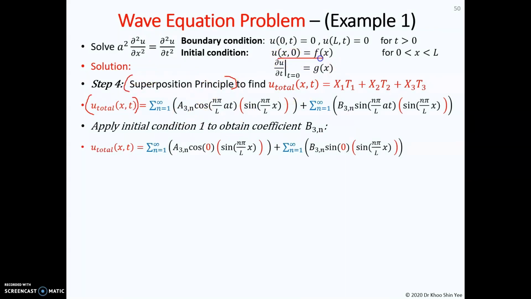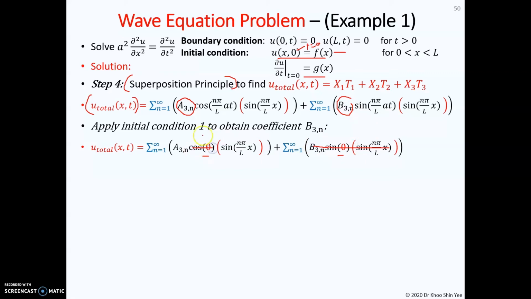So you have to apply the initial condition in order to find the unknown coefficient here. Since you have two unknown coefficients, you need two initial conditions to solve it. For the first initial condition, you have t equal to 0 to make u equal to f(x). Therefore, you substitute t equal to 0 inside, and sine 0 gives you 0, so this component can be cancelled.